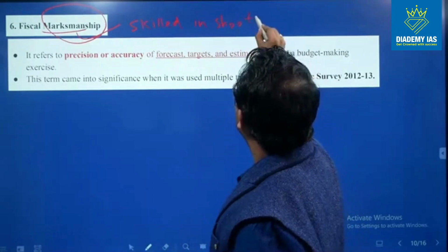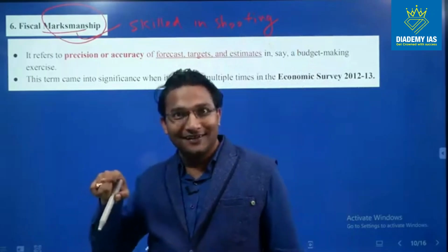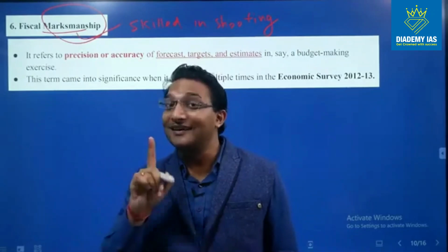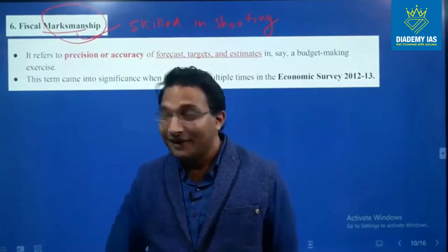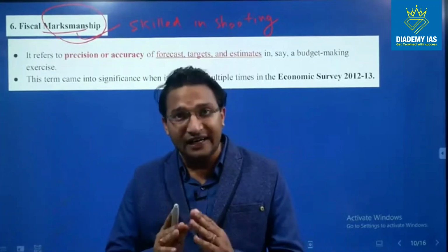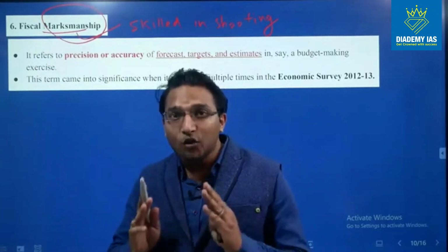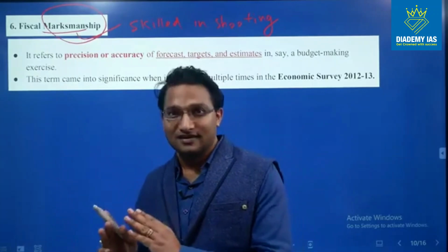So if a person can accurately shoot the target, that person is called a marksman, and this is mostly used in the military organizations. Coming to the fiscal marksmanship, it indicates the ability of the government to accurately estimate the budget targets, right?